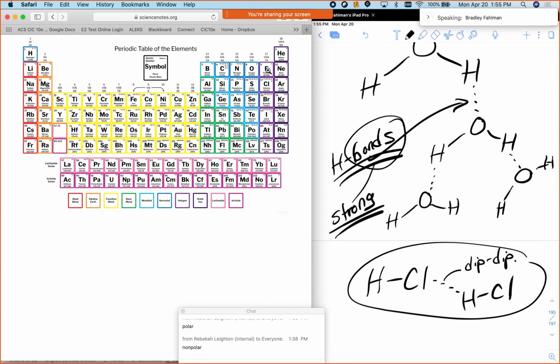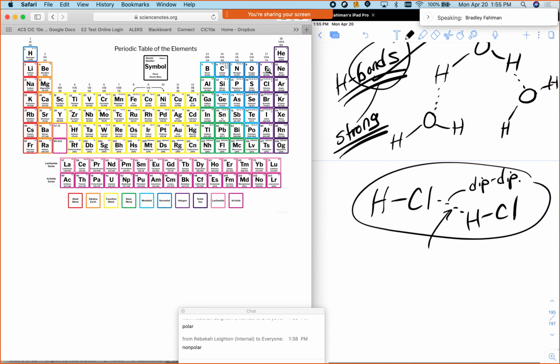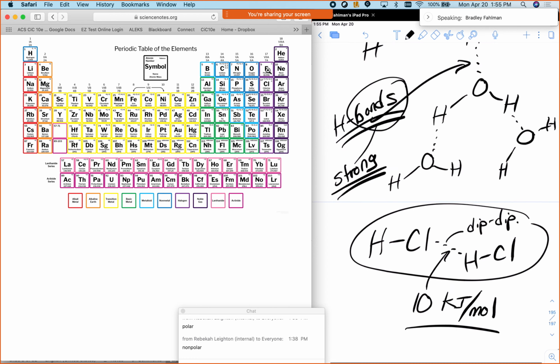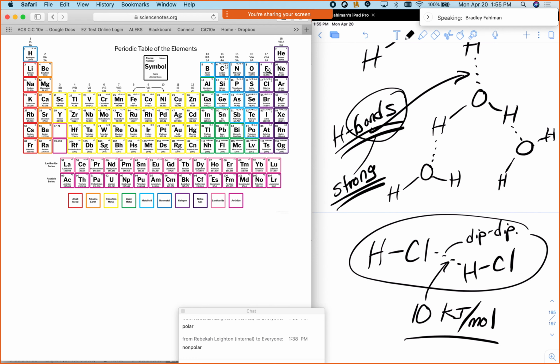Let's say, I'm just going to pull a number out, that it takes 10 kilojoules per mole to break apart those molecules. This one would be like 60 kilojoules per mole, or 5 to 6 times that amount.